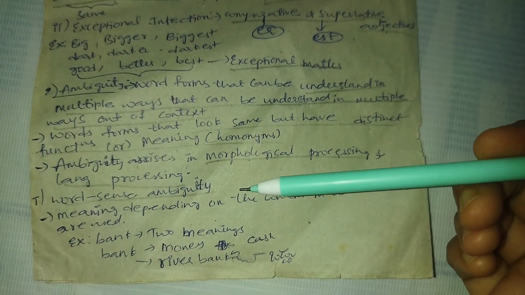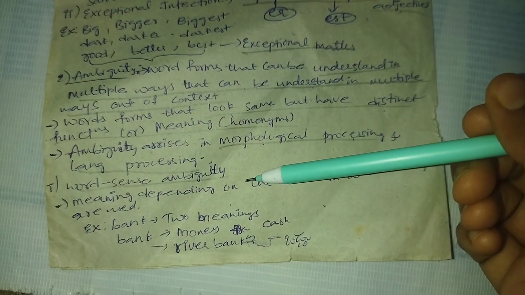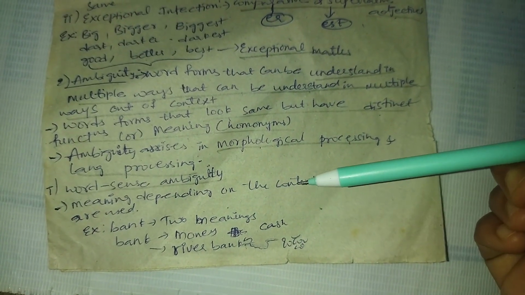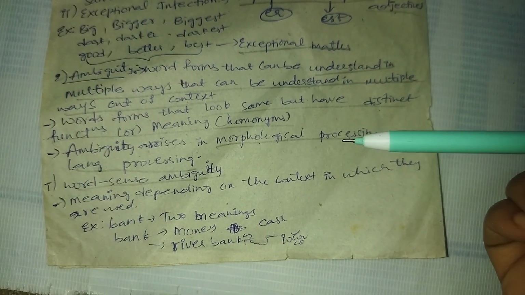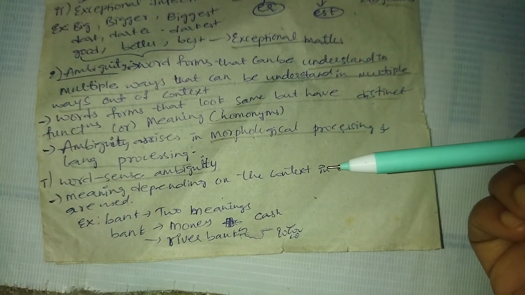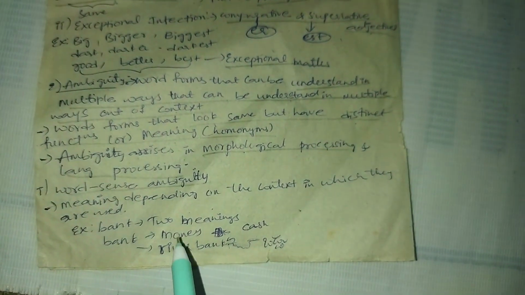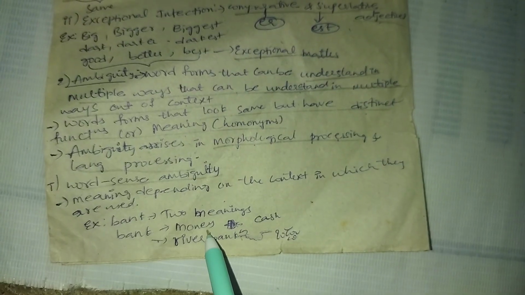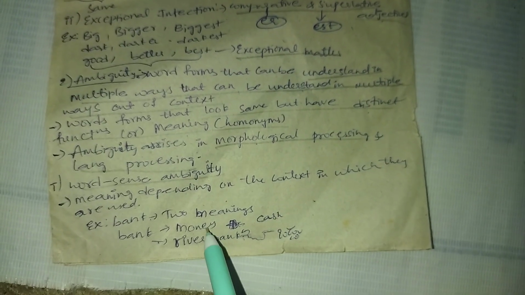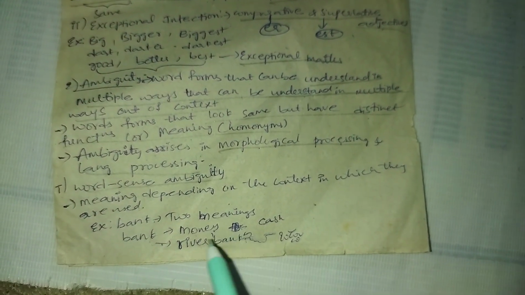We have subtypes, like word sense ambiguity. It is a process of meaning, which depends on the context in which the word is used, like one word in different cases. Bank is a word we use in two cases. For money, in cash purposes, we use bank: the money-taking area, depositing, crediting.